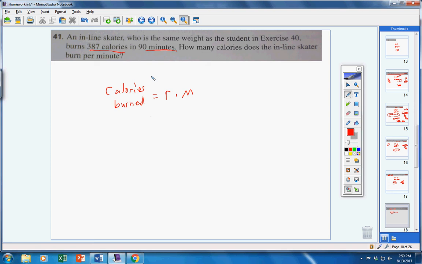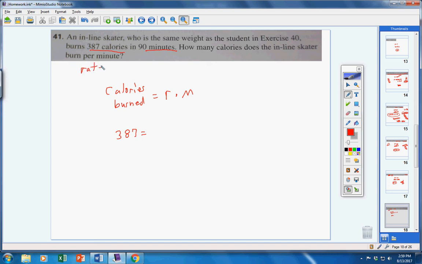Alright, so let's see what they give us. It says you burn this many calories in 90 minutes. So calories burned, 387. The rate, that's what we're looking for.